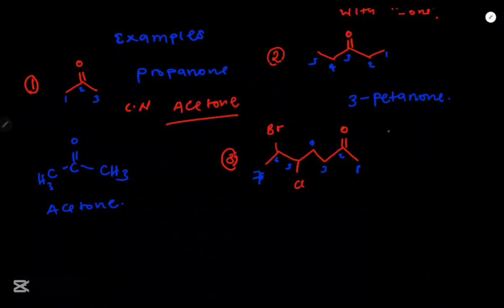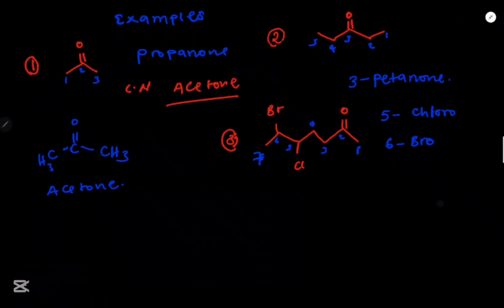So we have 5-chloro. Our chlorine is on carbon number 5, so it's 5-chloro. What else? On number 6 there is a bromine, so you see 6-bromo. So now we need to connect these. We're going to follow alphabetical order, starting with bromine.